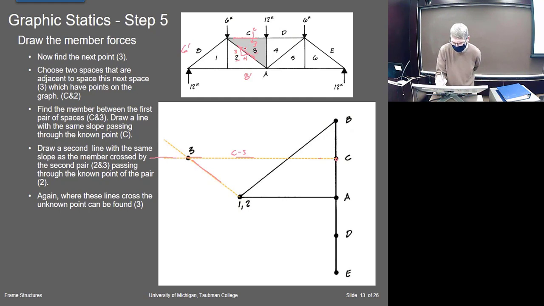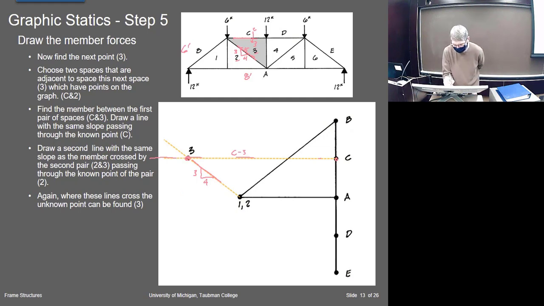It's a 3, 4, 5 triangle. So this has that same slope, 3 to 4, and I draw it with that slope, and it'll cross C3 at 3, right? That's the point that they'll share. They both share point 3.